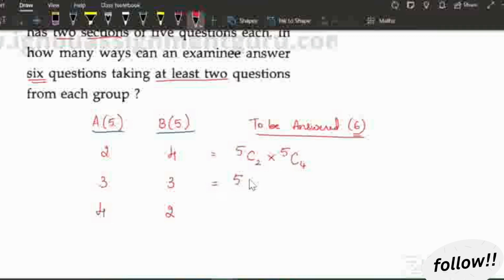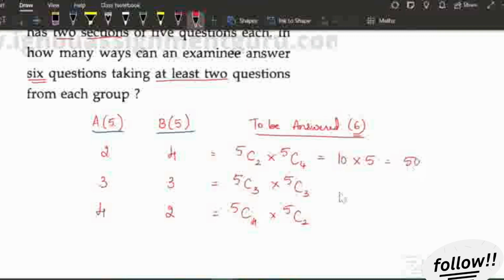Here, from 5 choose 3, and from the second section choose 3. In this, from the first section, out of 5, choose 4, and from the second section, out of 5, you are choosing 2. Now 5C2 is 10, 5C4 is 5. Here 5C3 is also 10, and 5C3 this is 10, which gives you 100.